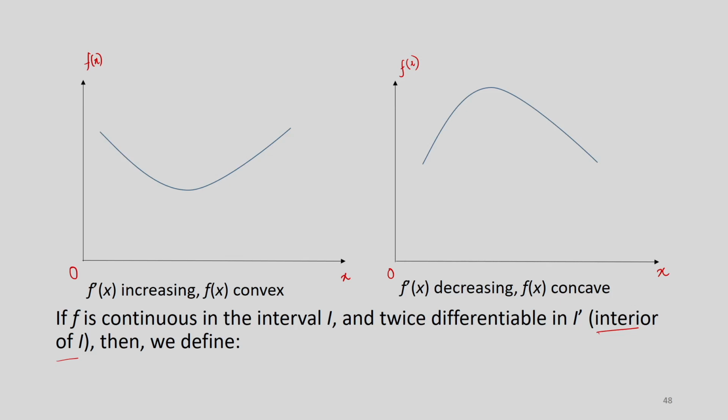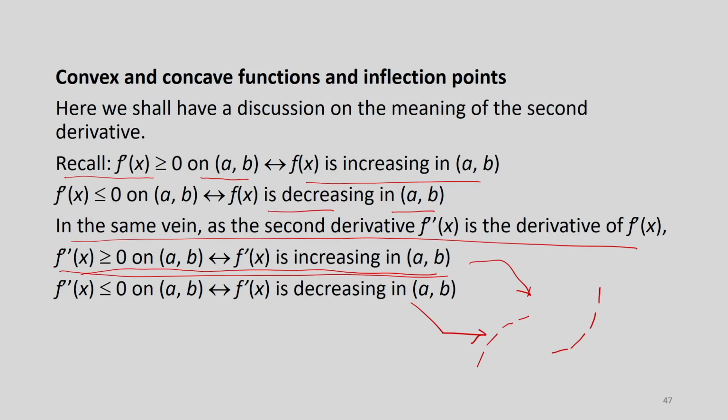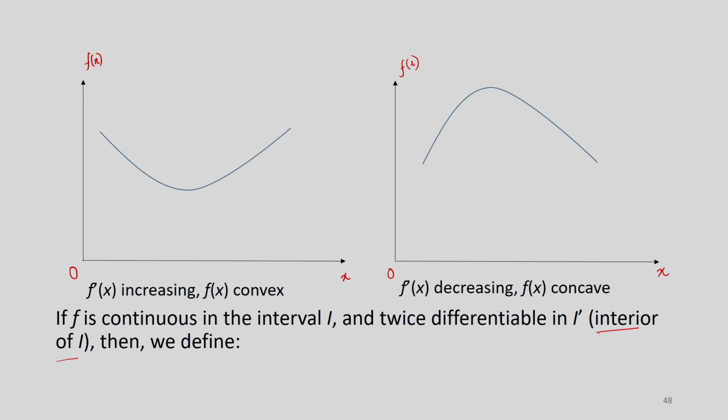Here f of x is a sort of U shaped curve, and you can immediately see that this curve is something similar to what I have drawn here. So, this is convex. Here f dash of x is rising, it is increasing, and it means that the second derivative is positive.